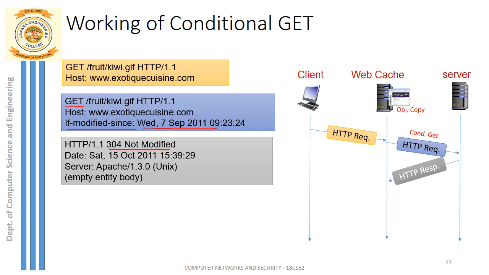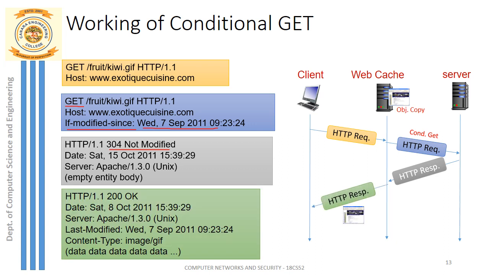So we can say that the object the web cache has is up to date and the server does not have any updated object. Now the web cache will serve the request made by the client with the object it had earlier.